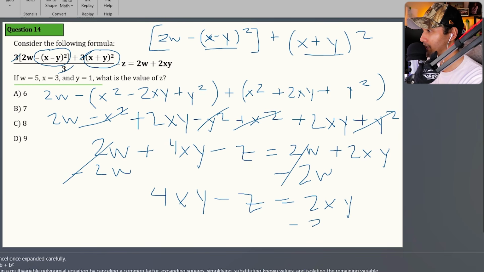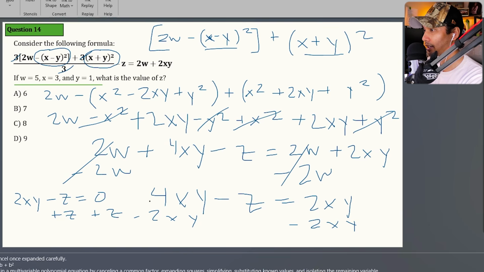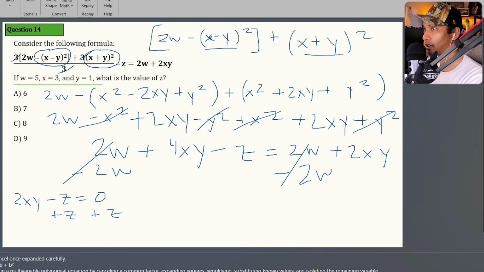I'm going to isolate the z. Subtracting 2xy, we get 2xy minus z equals 0. Adding z, we get 2xy equals z, and then I can plug in the numbers.